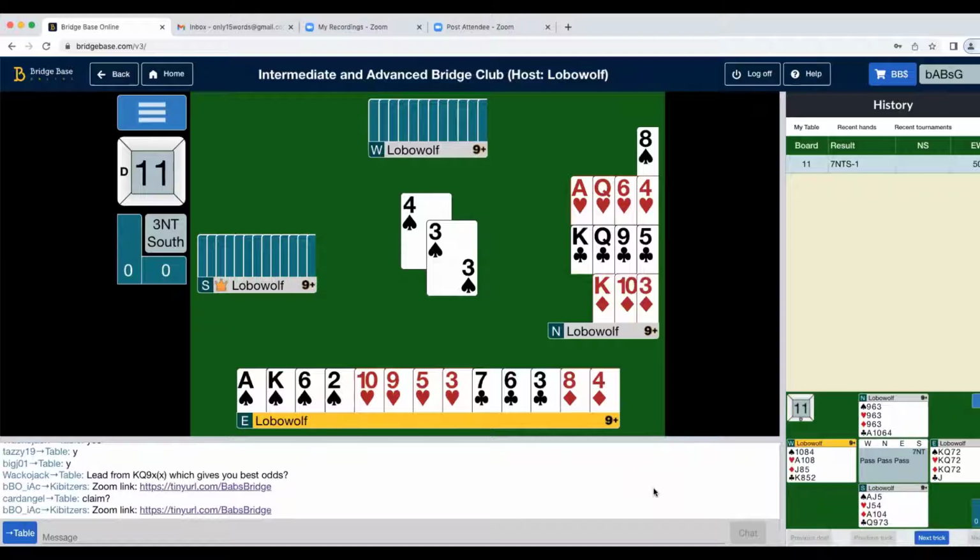So the situation where our play might make a difference is when declarer has the queen, but not the jack. Does that make sense? Partner's got the queen, we just take the first 4 spade tricks. Declarer has the queen jack, declarer has a stopper.